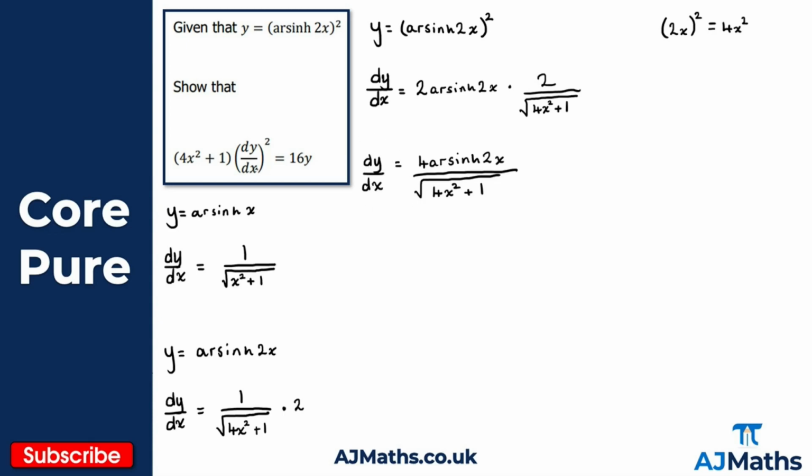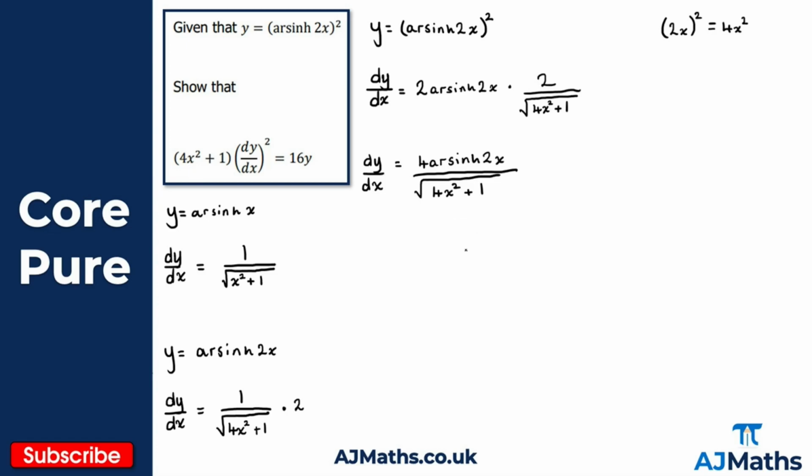Now what I want to show here is 4x squared plus 1 multiplied by dy by dx all squared is equal to 16y. Now at this point here, I've got dy by dx. In this expression here, we have dy by dx all squared. So at some point I'm going to need to square this. And what I've also got here is the square root of 4x squared plus 1, whereas in this expression here, they've simply got 4x squared plus 1.